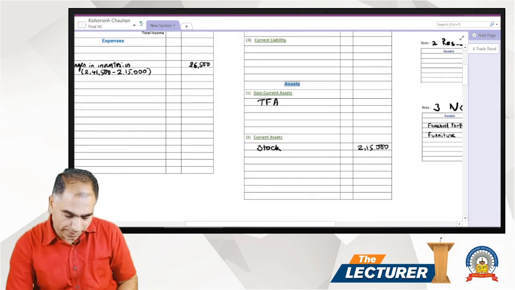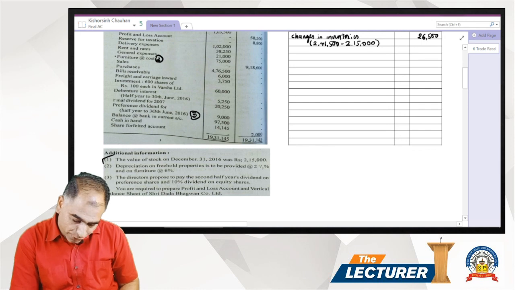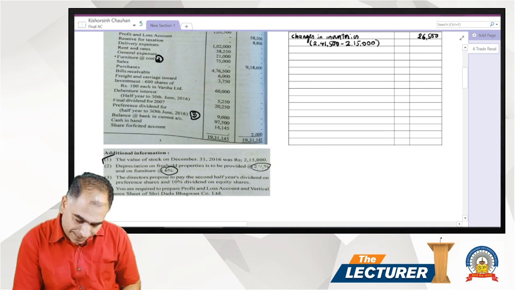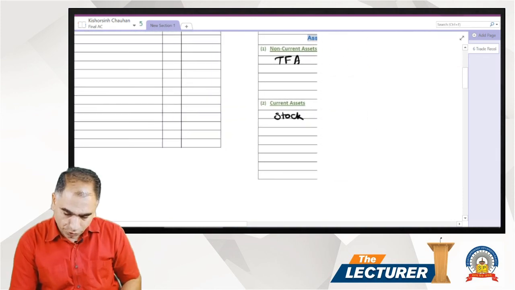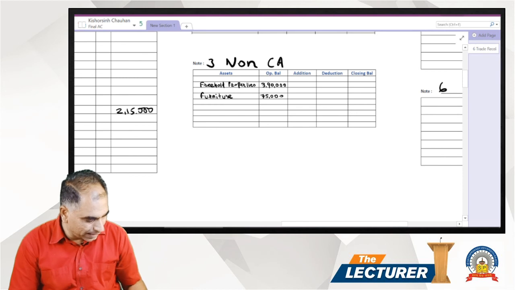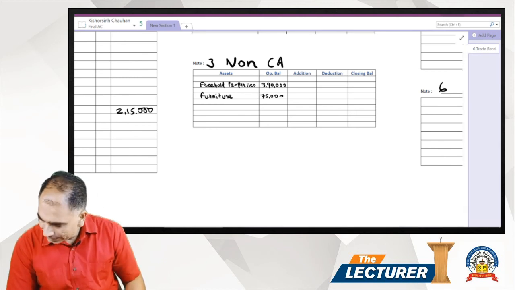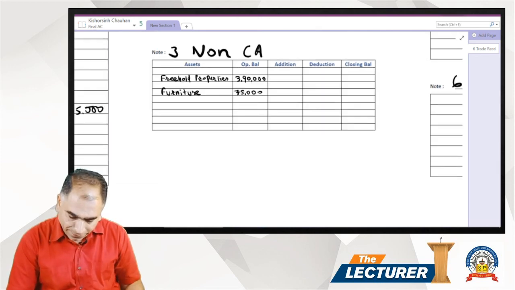3,90,000. If you see the rate of depreciation provided, freehold property ઉપર આપણે depreciation નો રેટ છે 2.5% અને ફર્નિચર ઉપર 6%. So if you see the 3,90,000, it's 9,750.